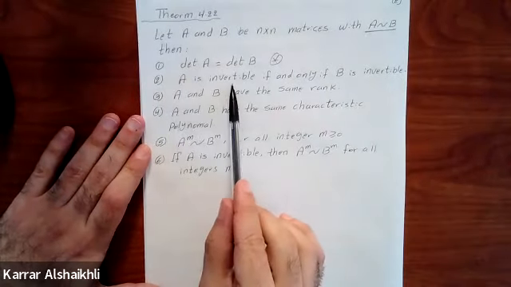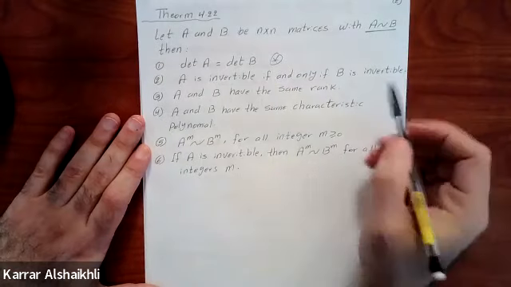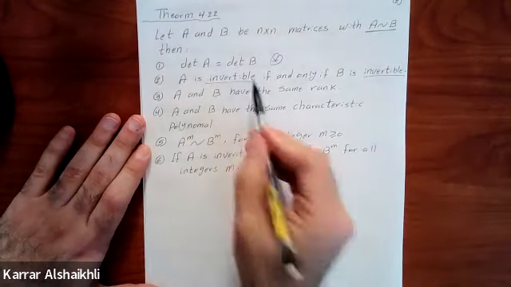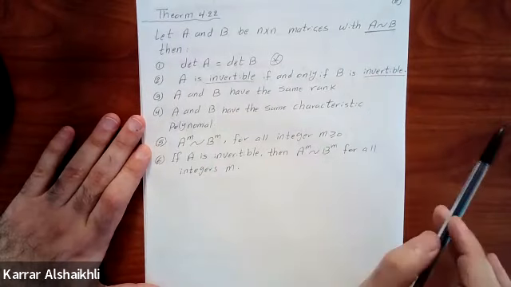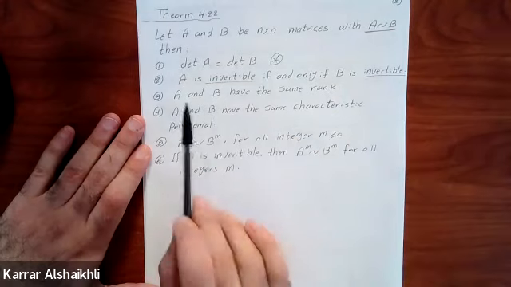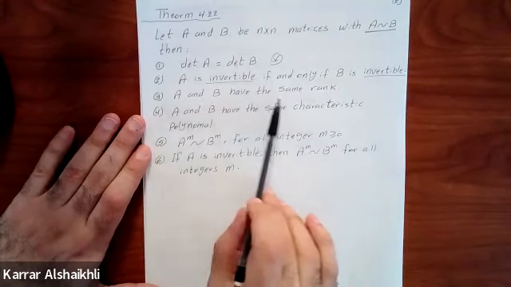A is invertible if and only if B is invertible. That means there is an inverse for A, so there is an inverse for B. A and B have the same rank.